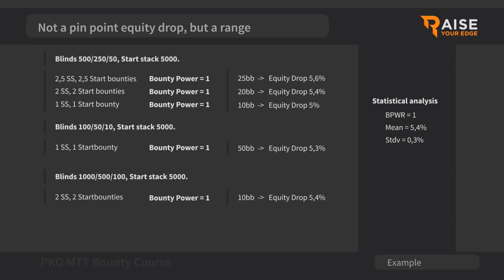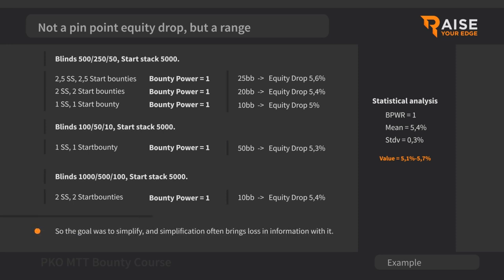And this is what we have done. We have done a statistical analysis for every bounty power value. Because the equity drop numbers are Gaussian distributed, we can use the mean and the standard deviation, and in the end give you a very good value with a very consistent confidence interval. So for a bounty power of 1, for example, after doing all the analysis, the value will be between 5.1% and 5.7% for most of the cases.